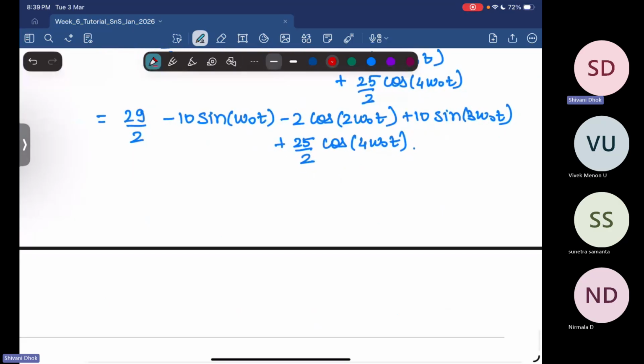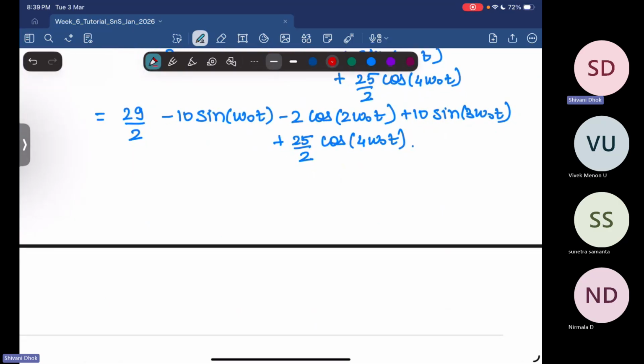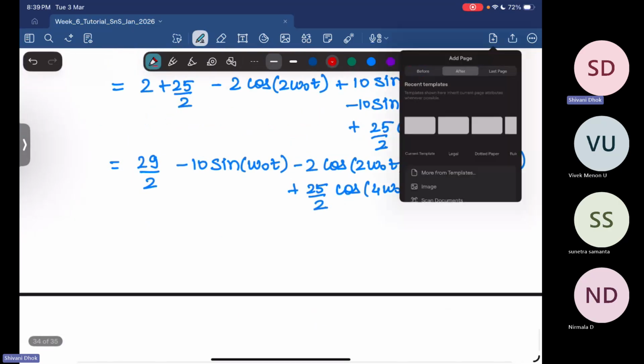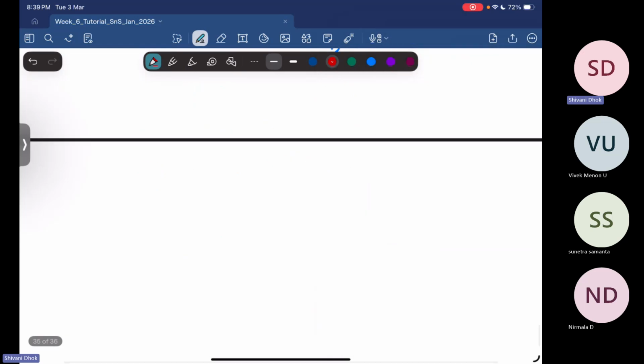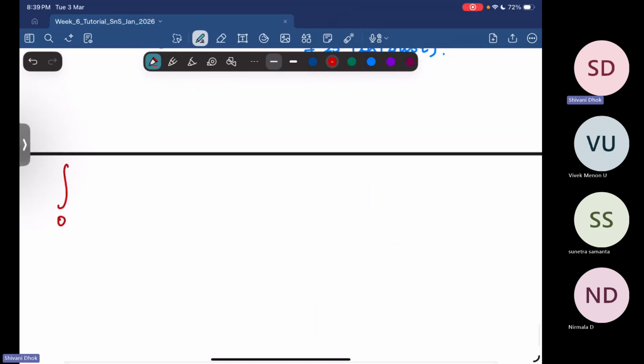Okay. So this is what we have. Now another thing that I want you to look at is something like this. You have integral from 0 to T naught of cos of k omega naught t dt.